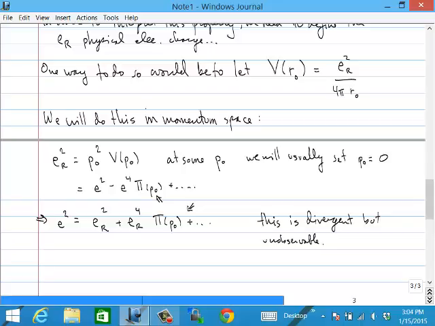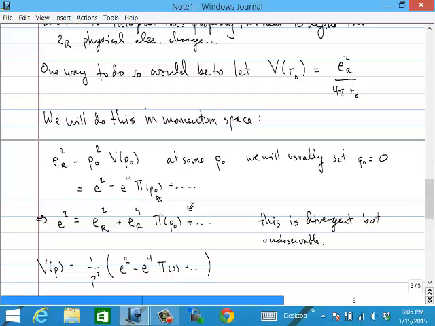In particular, let's say you want to calculate v at some other value of the radius or some other value of momentum. So that's 1 over p squared times e squared minus e to the 4th pi of p squared plus dot dot dot.